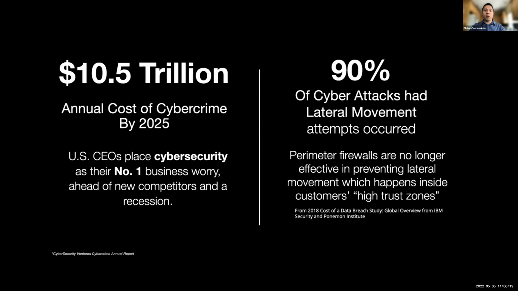Cybersecurity Ventures estimates that these figures will continue to increase by 15% year over year for the next 5 years, ultimately reaching 10.5 trillion in 2025. Related to that, a study from IBM found that 90% of cyber attacks involved lateral movement within the data center. This means that an attacker compromised one component or application within the data center and then used that to gain further access to the environment. In these types of attack scenarios, traditional perimeter-based security really isn't sufficient to protect these modern data centers.